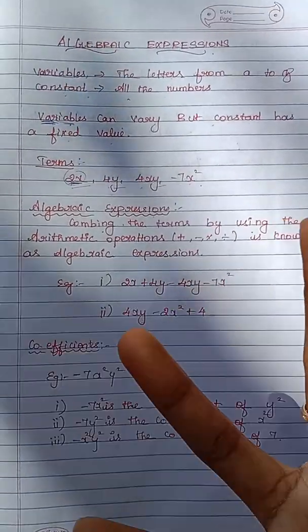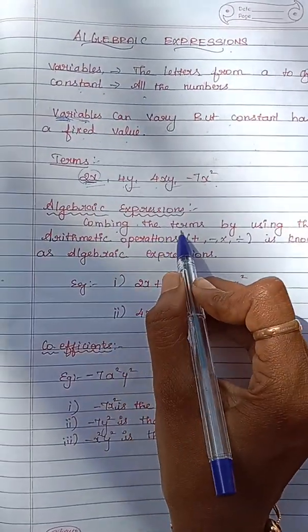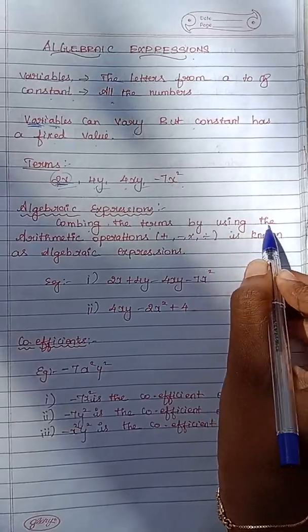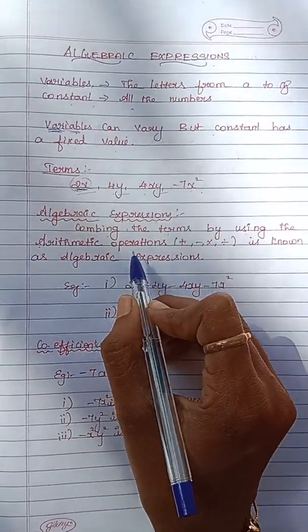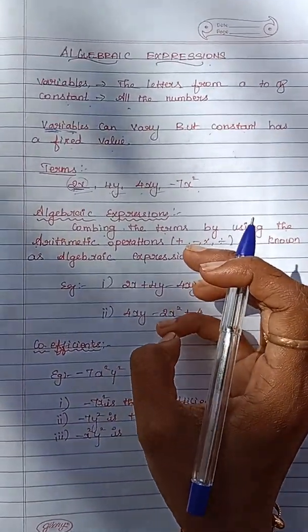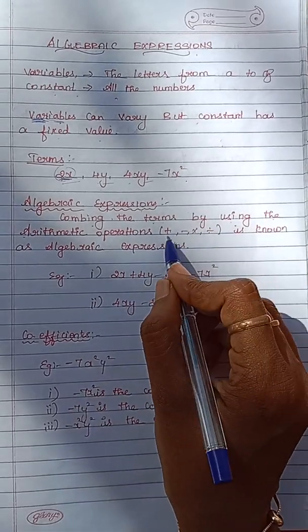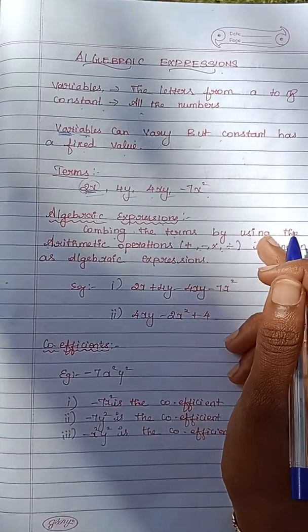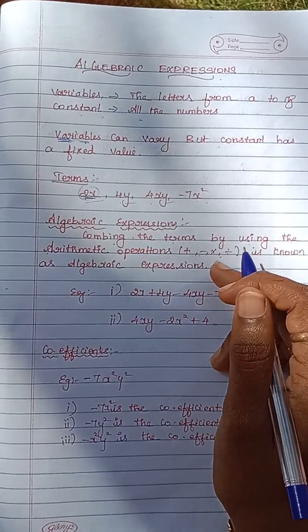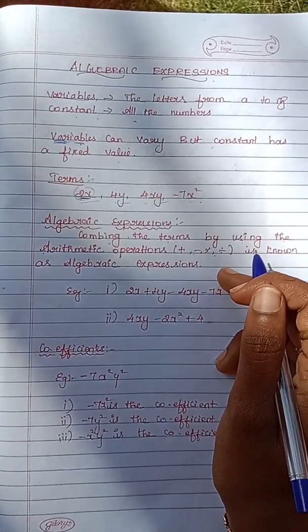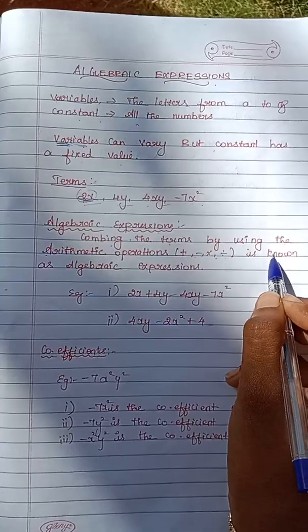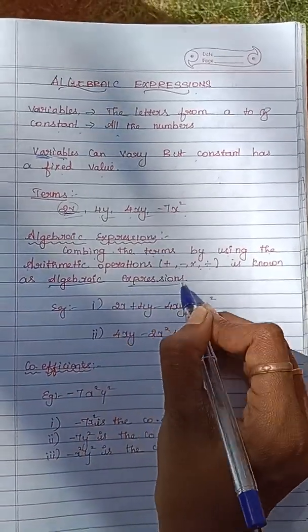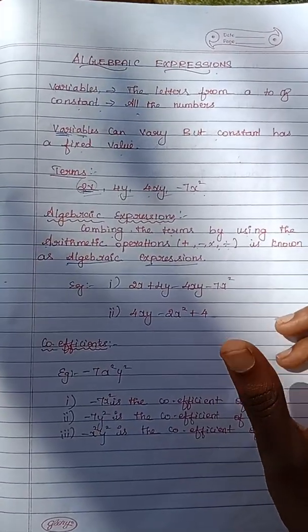What is meant by combining? Joining. So, combining the terms by using the arithmetic operations, plus, minus, multiplication and division, is known as an algebraic expression. Now you know what an algebraic expression is.